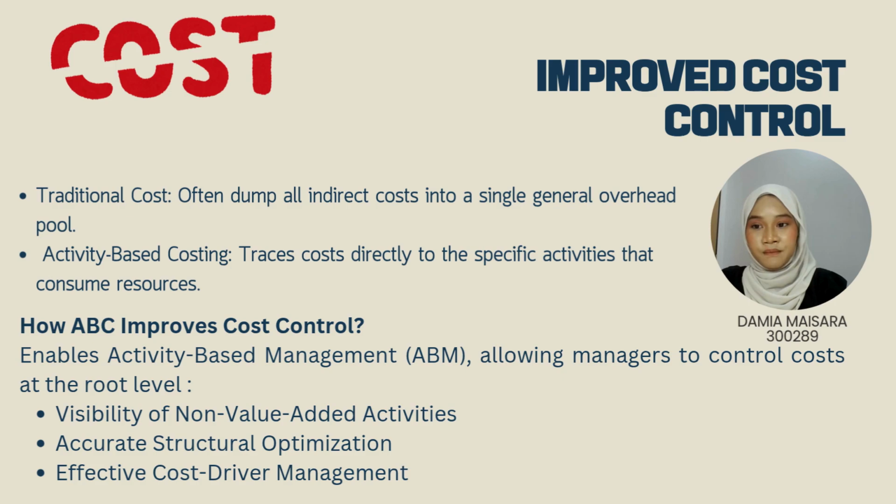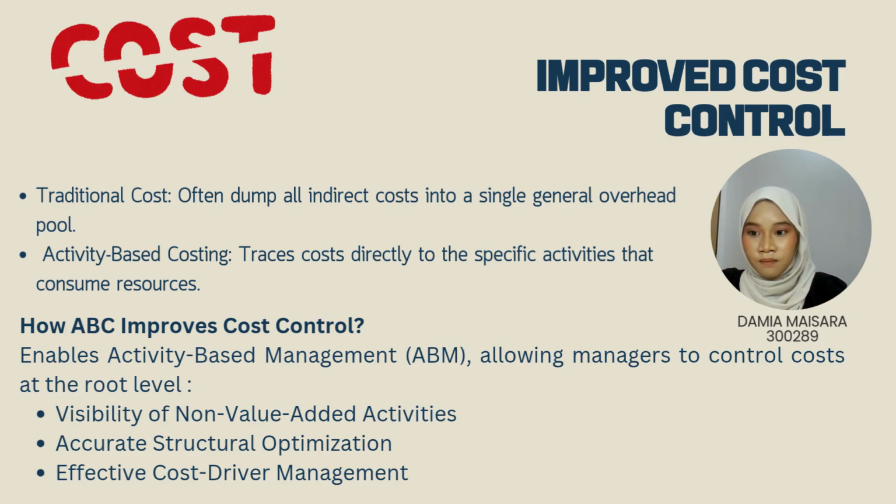Now I will explain another benefit of ABC, which is improved cost control. Traditional costing systems often dump all indirect costs into a single general overhead pool and allocate them based on arbitrary and volume-based drivers such as direct labor hours and or machine hours. ABC traces costs directly to the specific activities that consume resources and then assigns those activity costs to products, services or customers based on cost drivers.